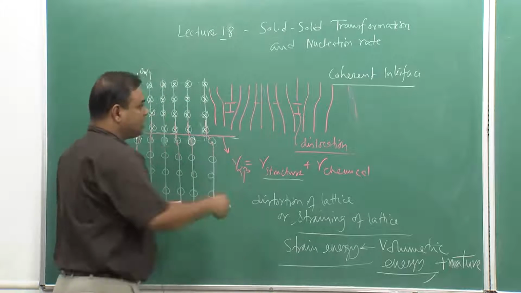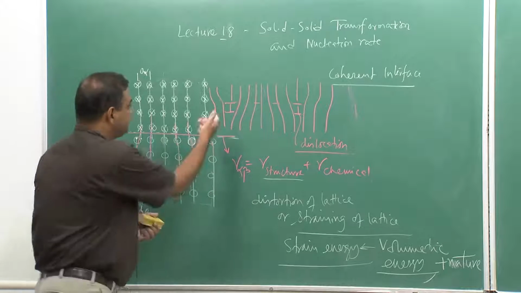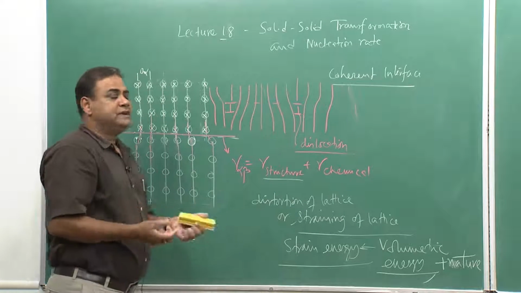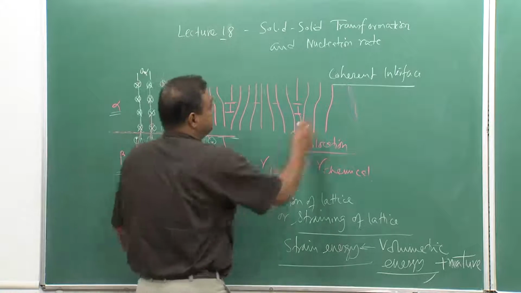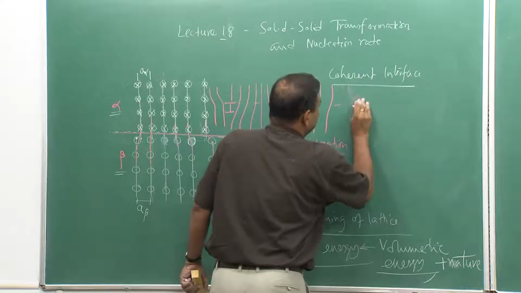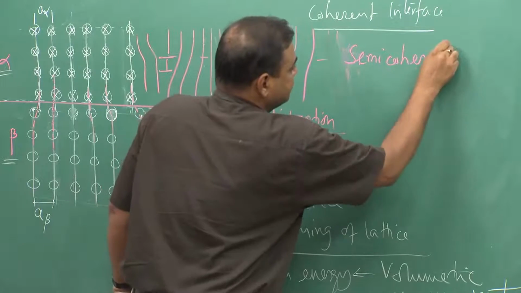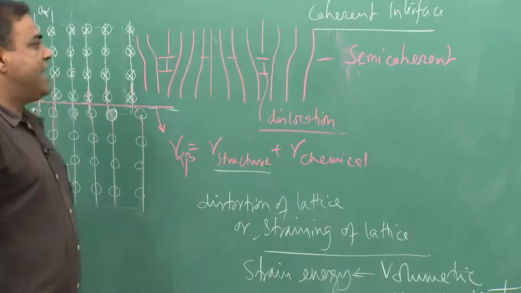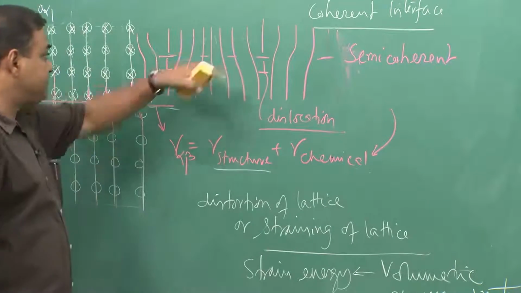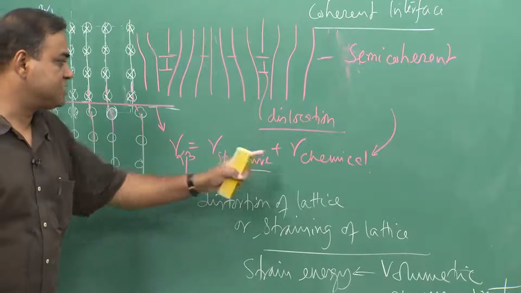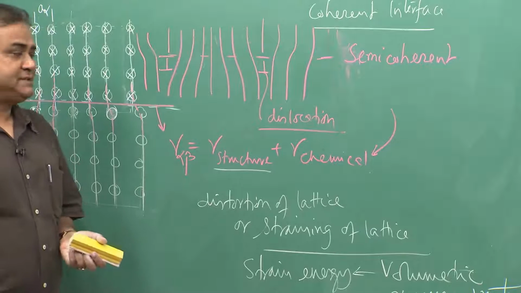In that way there will be creation of dislocations along this particular interface in order to take care of that extra lattice distortion. That time it is called semi-coherent, and that time this interface will again have two contributions, one is structural, one is chemical, and this structural contribution would lead to the strain energy of the lattice.